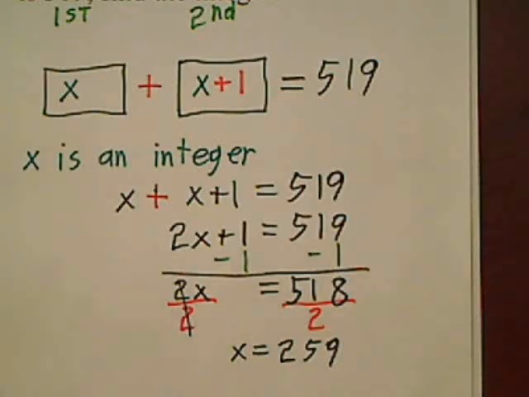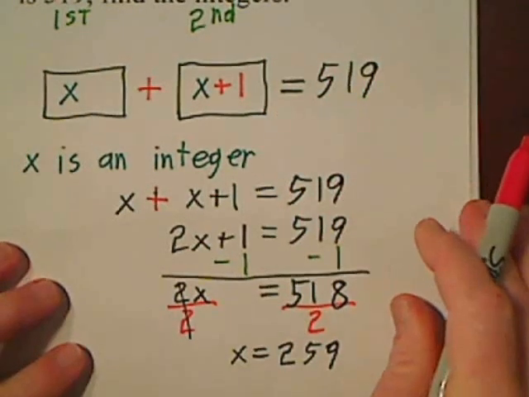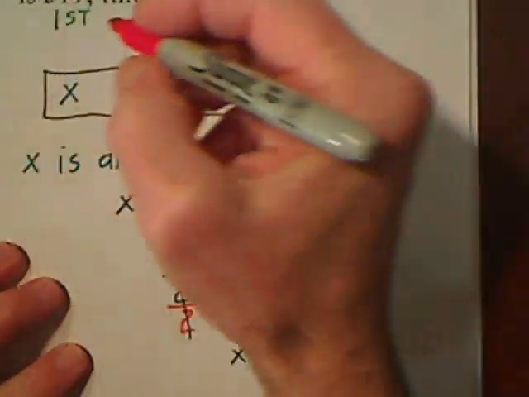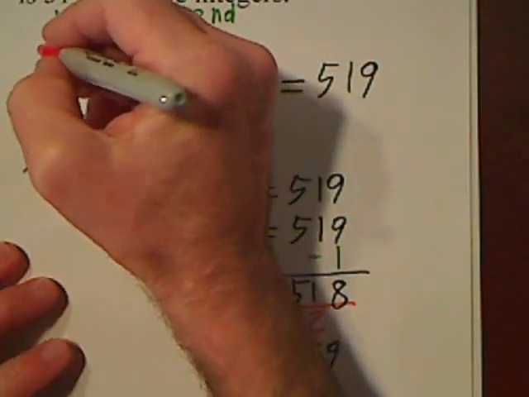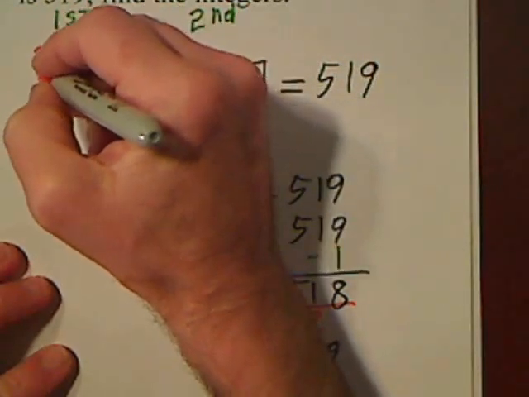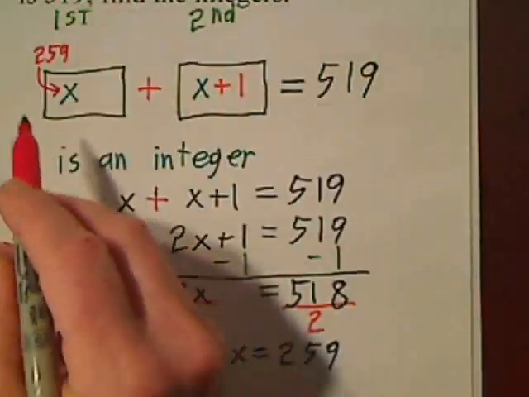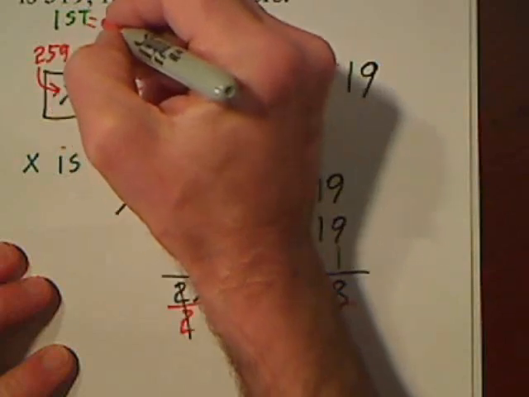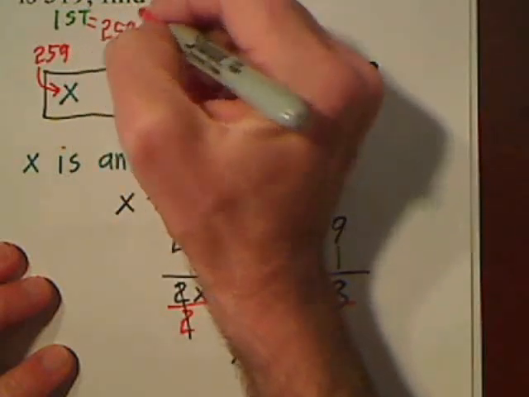Now you've figured out x, but you don't have your answer just yet. The first integer, x, is right here. So 259. It might seem kind of silly, but I'm just getting you used to plugging in values. x is 259. So your first integer is 259.